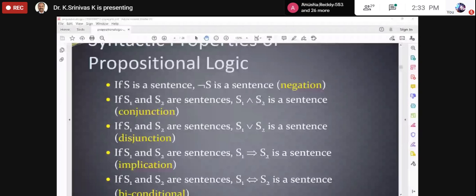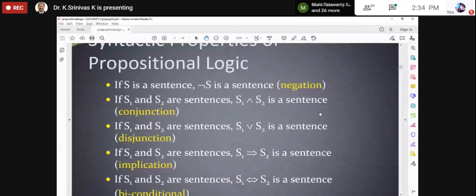S1, the student must wear ID card. S2, the student must have hall ticket. When you are entering into the classroom, you must have an ID card, that is S1, and you must have a hall ticket, S2. Then only you will be allowed into the class.